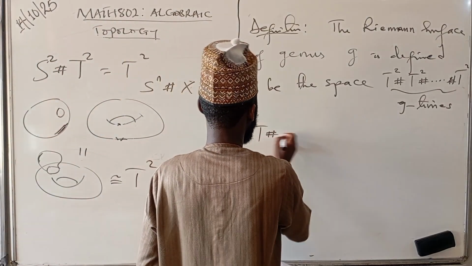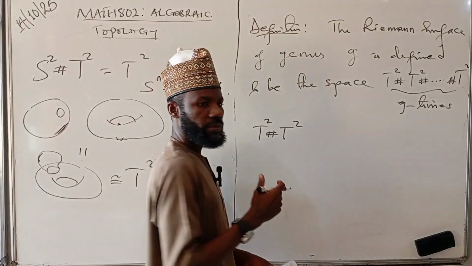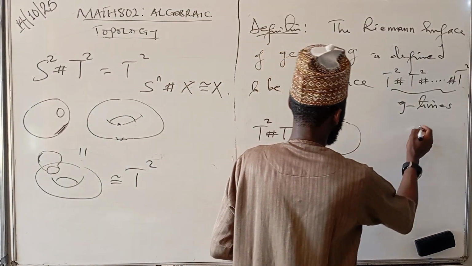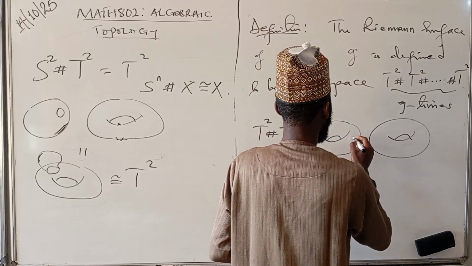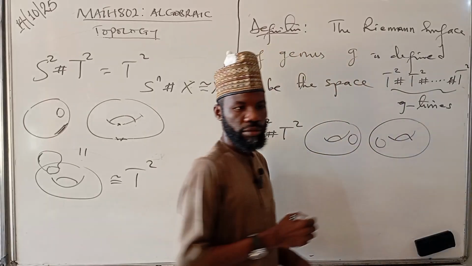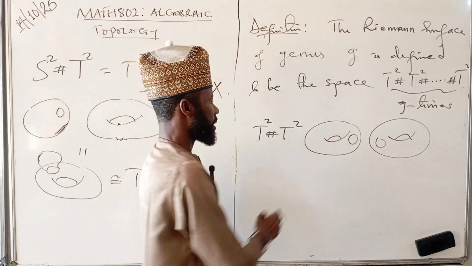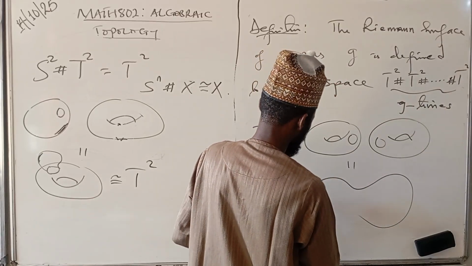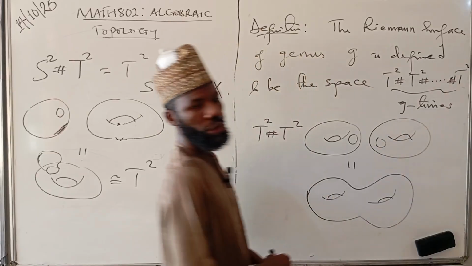Like if you take T2 with T2, this will be like you are having a torus and another torus, and then you think of removing the disk and connecting it together. And then the resulting space will be this one. So when you join it together, you have a torus with two holes.